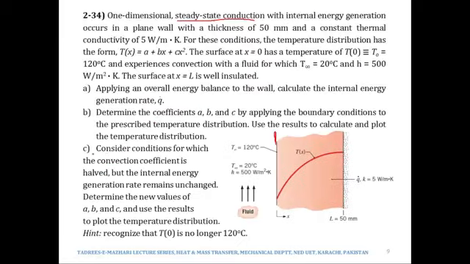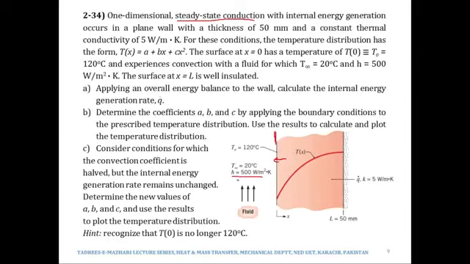Now in part C, it says to consider conditions for which the convection coefficient is halved. So this h is now 250 instead of 500. If the convection coefficient is halved but the internal energy generation rate remains unchanged, the heat being conducted till this point would be the same as it was before.